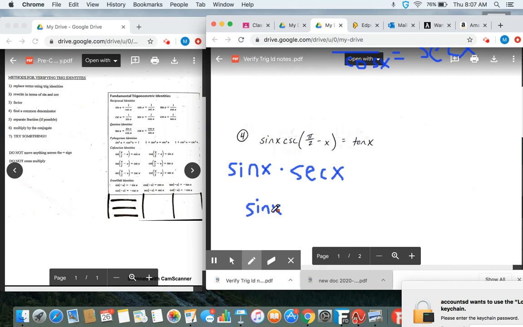And secant, we know, is the reciprocal of cosine. And just by doing that, we now have sine over cosine, which we know is tangent. And we've simplified, or we verified, this identity.